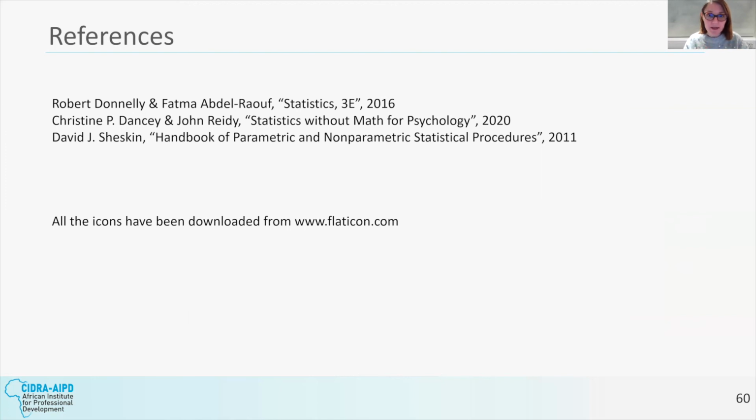Just to do a quick recap of the main takeaways. We now know about different levels of measurement for our data that we need to really pay attention to. We can have nominal or ordinal data, or we can have interval and ratio data. Depending on the level of measurement, we can apply different mathematical techniques.